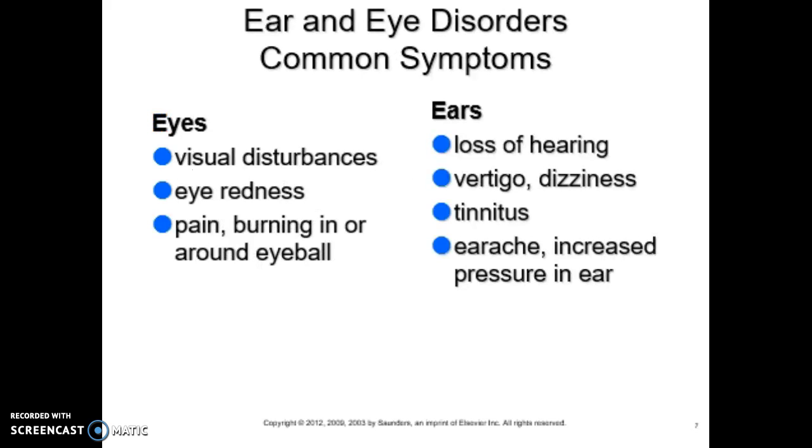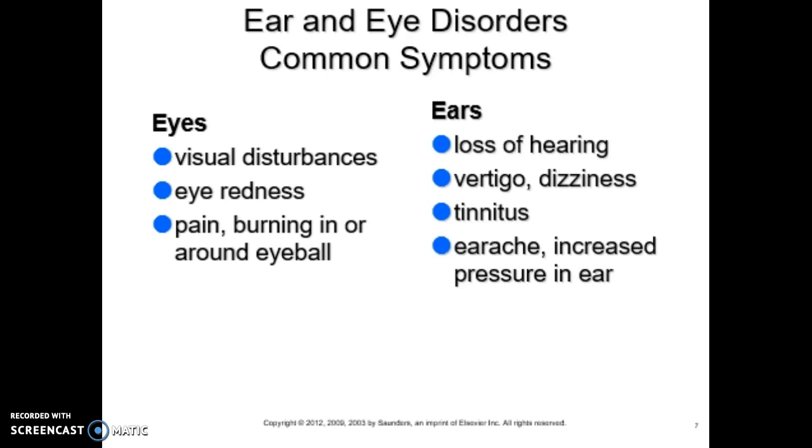So here we're talking about the ear and eye disorders and common symptoms. As a medical assistant, you are often the first line in terms of patient interaction in the medical office. So patients being seen for different problems might mention some of these symptoms, and they might be unaware that the symptoms could signal a completely different diagnosis that needs additional attention.